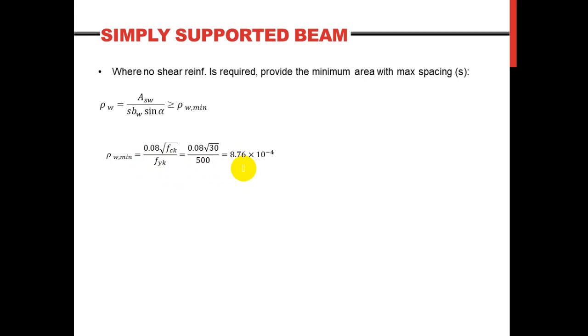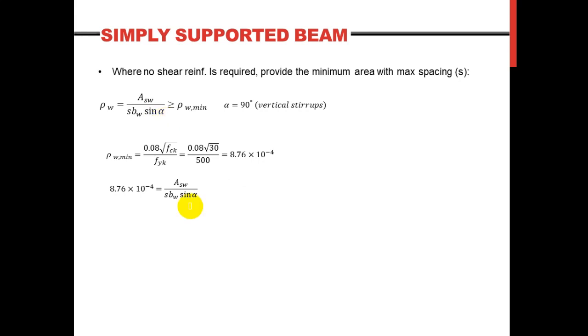If this is worked out, it gives this small ratio. This is the minimum percentage of shear links. Then by equating the rho minimum with the rho w, and knowing that we are utilizing vertical shear stirrups, the alpha here is going to be 90 degrees.